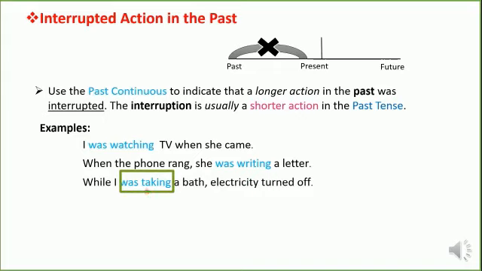Something interrupted me. What about this? The electricity turned off. As we said, the interruption is usually the shorter action, so we have to use the past simple tense.